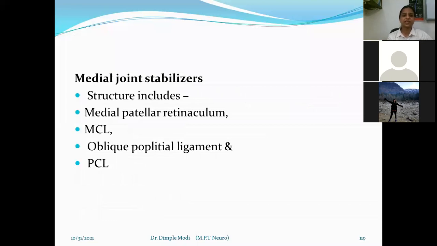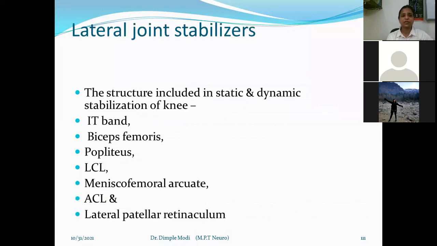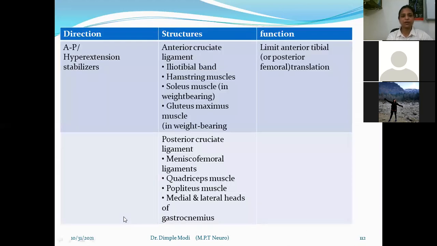Medial joint stabilizers are the medial patellar retinaculum, MCL, oblique popliteal ligament, and the PCL. The lateral joint stabilizers are the IT band, biceps femoris, popliteus, LCL, meniscofemoral arcuate, ACL, and the lateral patellar retinaculum.